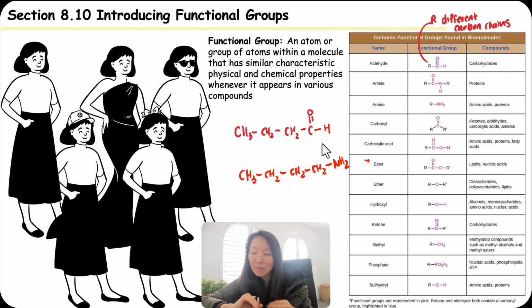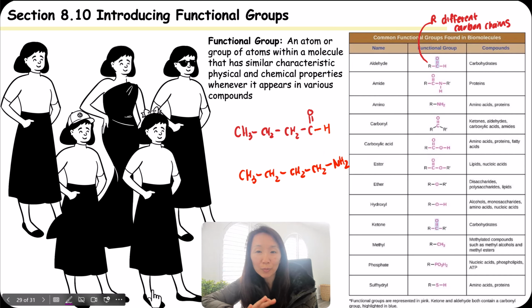Does that make sense? So I'm going to go over briefly each one, what it looks like. Aldehyde looks like this, has a C double bonded O and an H. Amide has C double bonded O, but it's got an NH between two R's, meaning there's a long chain of carbon here, another chain of carbon here.